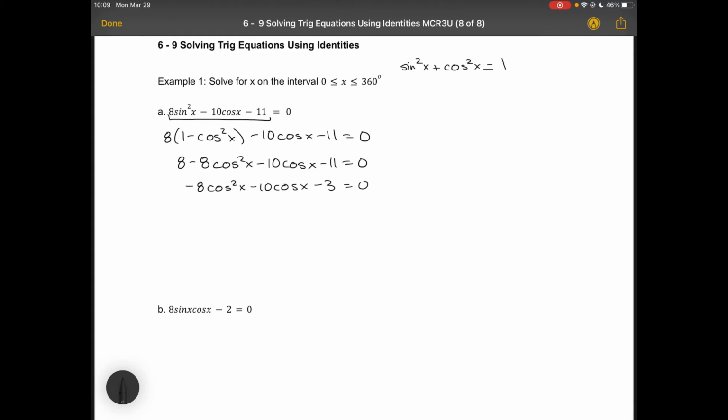And now I want to see if I can factor this. So let's take a look. We are looking for two numbers that are going to multiply to positive 24, I guess here, and that are going to add to minus 10.